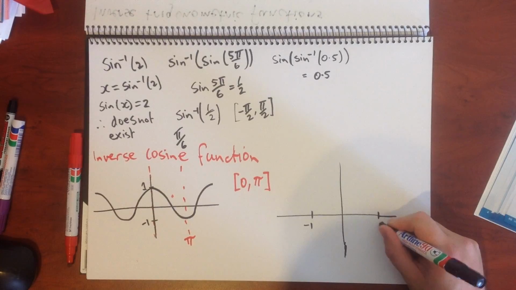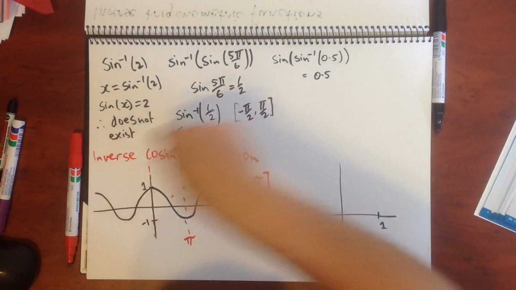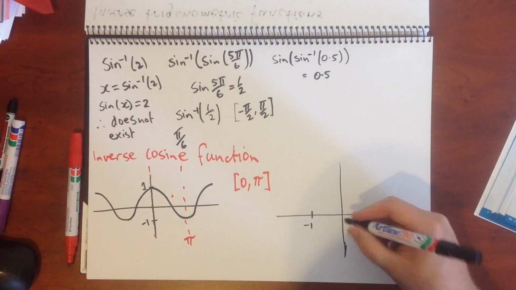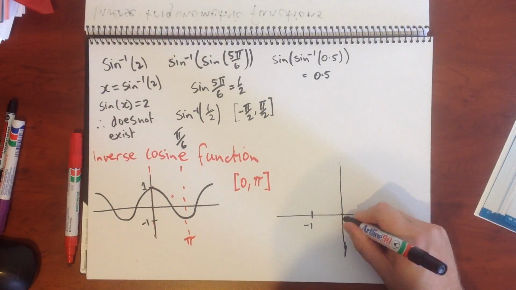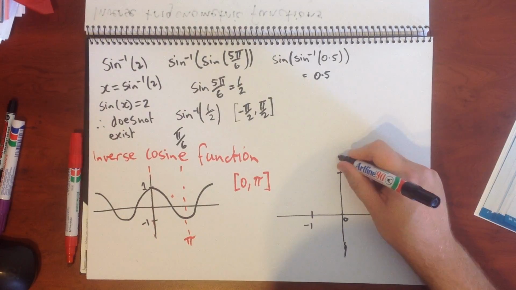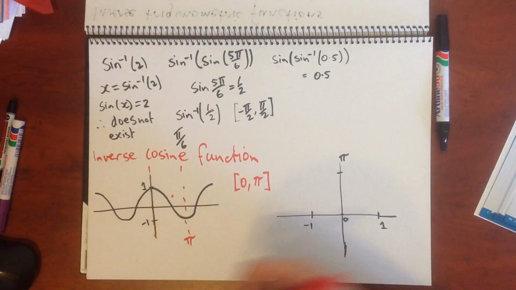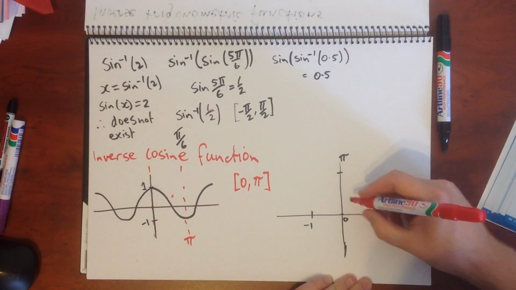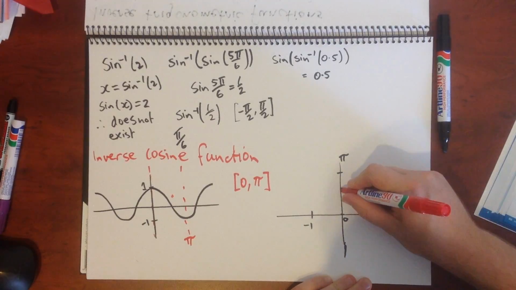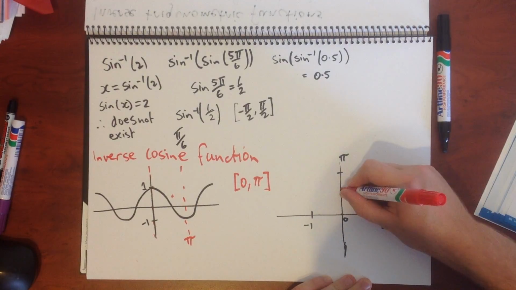So we go from negative 1 to positive 1. And we were from 0 up to pi for our domain, so that's now our range. To pi, and when we sketch that, we end up getting a function that looks like this.